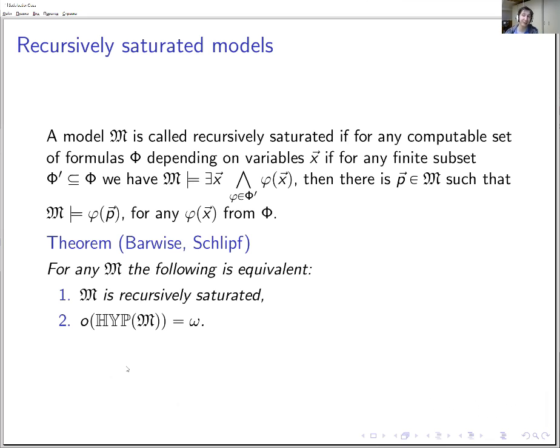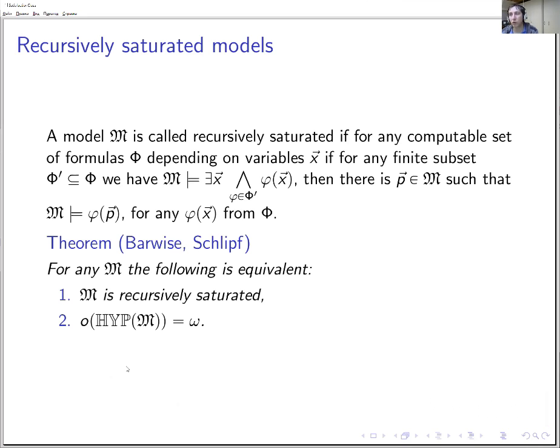However, in general there are models where it's not this. There are models where the heap of M has a small amount of ordinals, just omega. And those models are precisely the recursively saturated models.